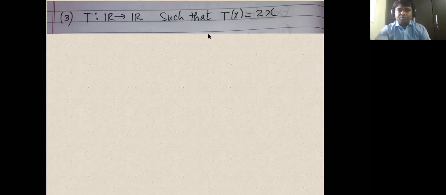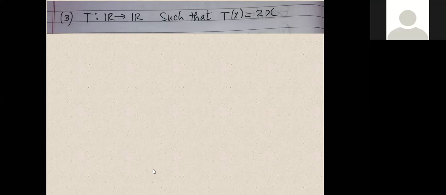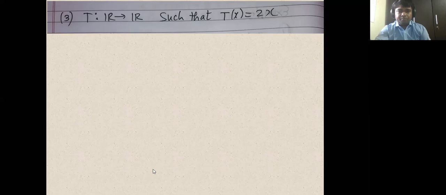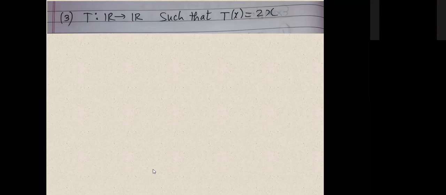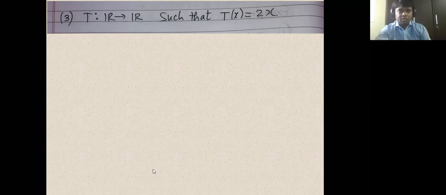Okay, so what is the answer of this exercise? What is the kernel of this map? What is the kernel of this mapping?